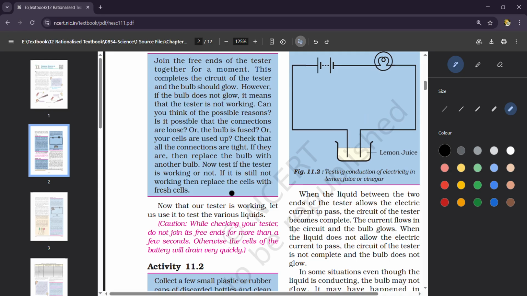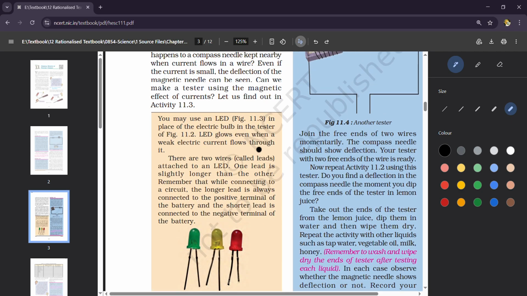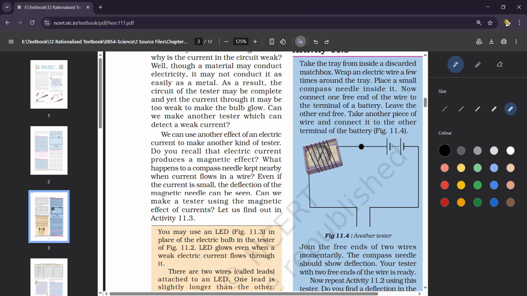Now let's come to the next part. Yes, now another tester. If we want to make a good tester which can run on a low voltage, and if the current is not sufficient, then also it can tell whether the object is conducting or not.